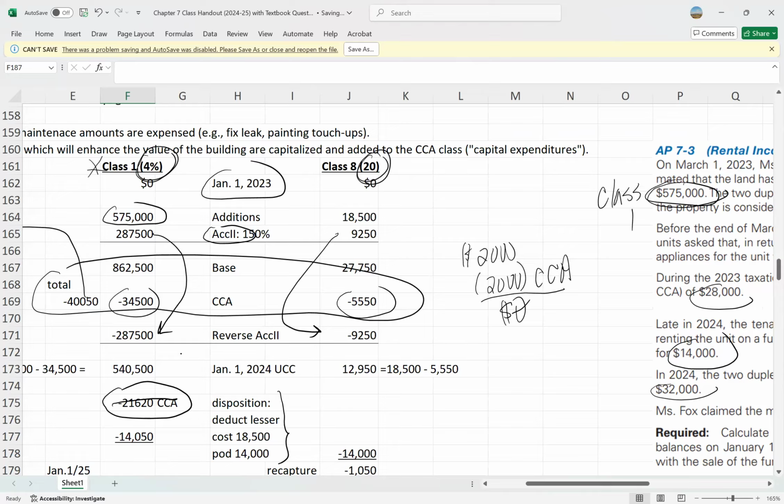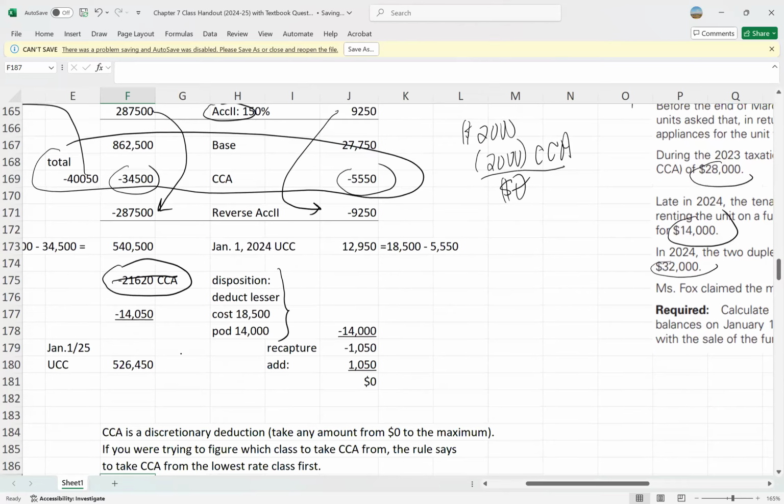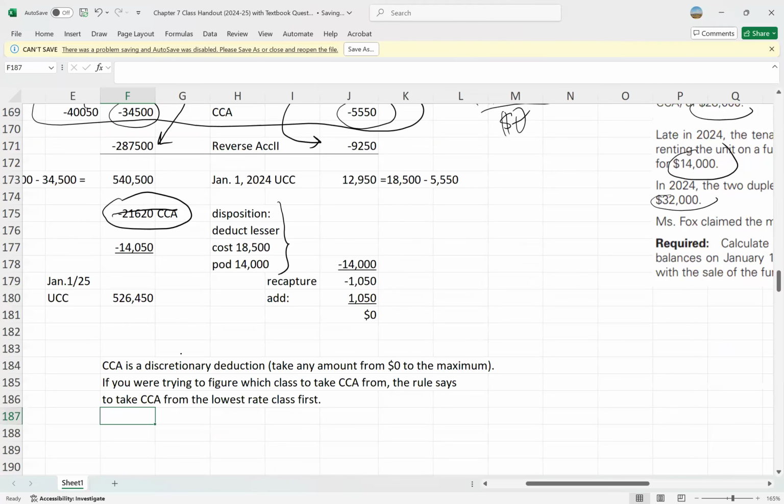So if you are deciding to take CCA only from one or a couple of the classes, not from all the classes, always take it from the lowest rate class first. Therefore, you will save your higher CCA deductions for the future, to give you more flexibility, because you'll have larger CCA deductions in those future years.